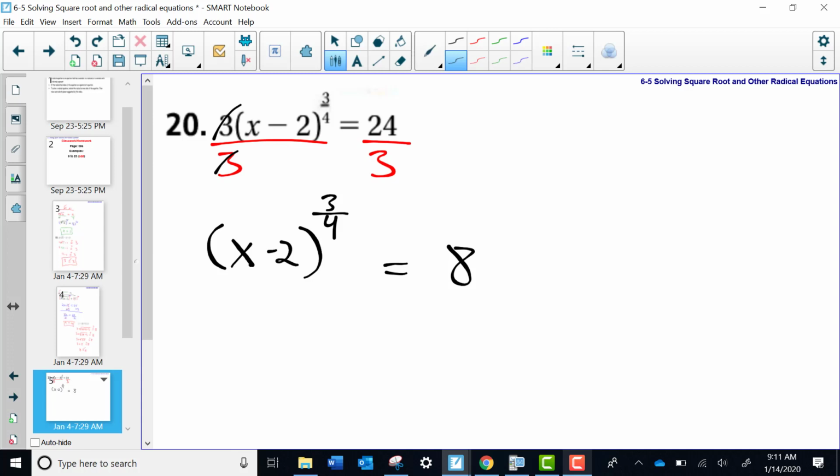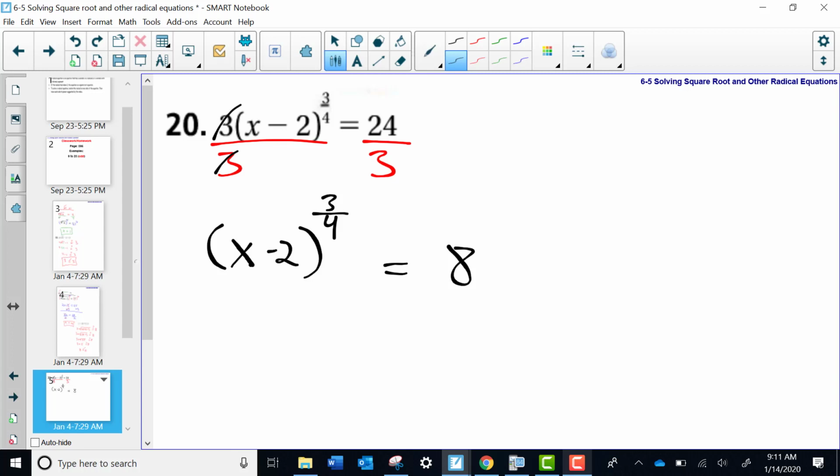The reciprocal. So we'll multiply by the reciprocal. 3/4 times 4/3 is 12/12, which is 1. So the way we could get rid of rational exponents, or in other words, turn it into 1, is to multiply by the reciprocal.